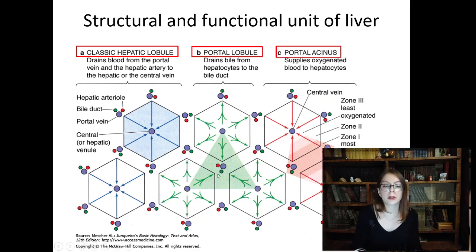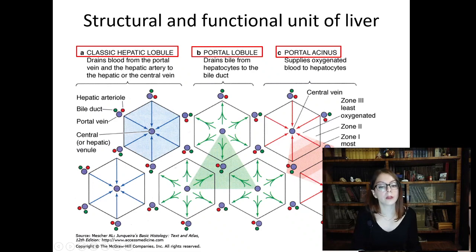Then, the portal acinus is quite another morphofunctional unit, which is rhomboid in shape, and it has triads near the blunt angles and central veins in the sharp angles. So what is the essence of considering the portal acinus? The essence is that it emphasizes that the distance between the two triads is shorter than the distance between the central veins.